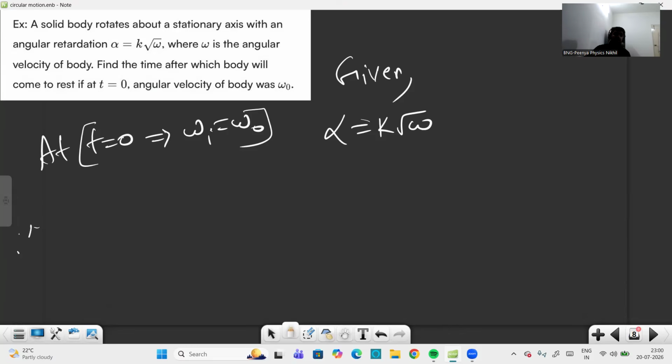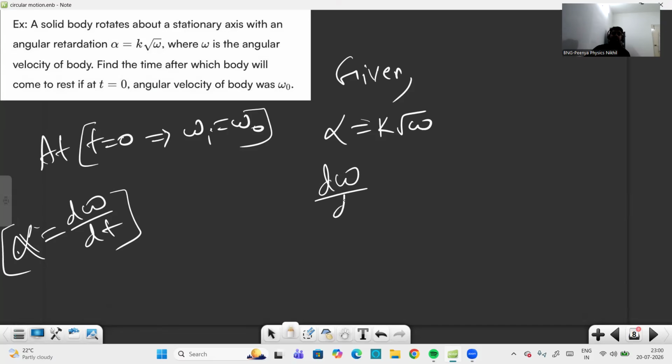So how do we convert it? Because omega is given, we know alpha equals d omega by dt. So we write d omega by dt equals alpha, and that is k root omega. We have to find the time, so we bring time to one side and omega to the other, and then we can integrate.